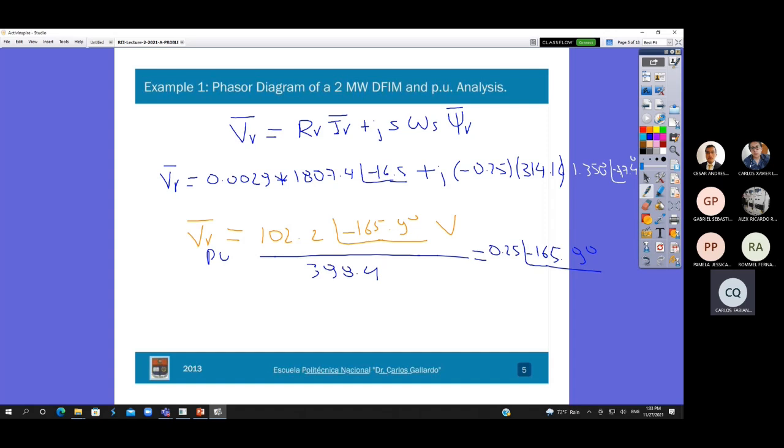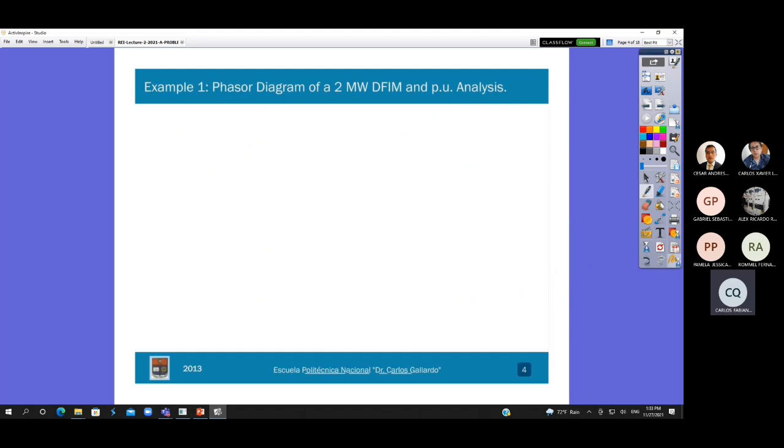The phasor diagram is depicted in the following figure. So I will have, this is the stator voltage, and the stator current. Later on, my first phasor is the stator flux, and for the stator flux, I will have 90 degrees.